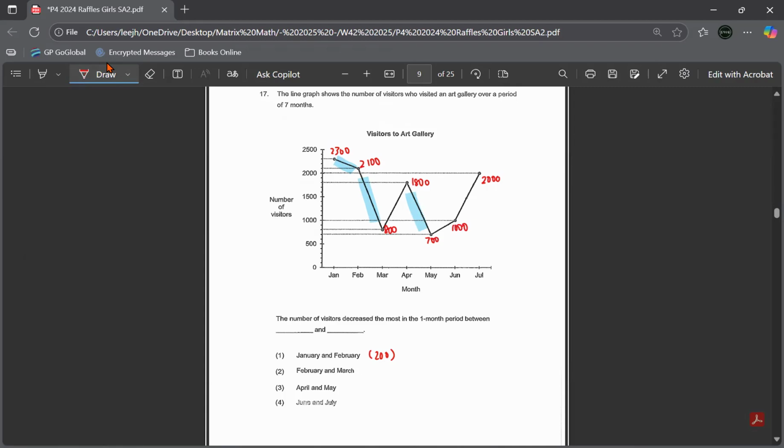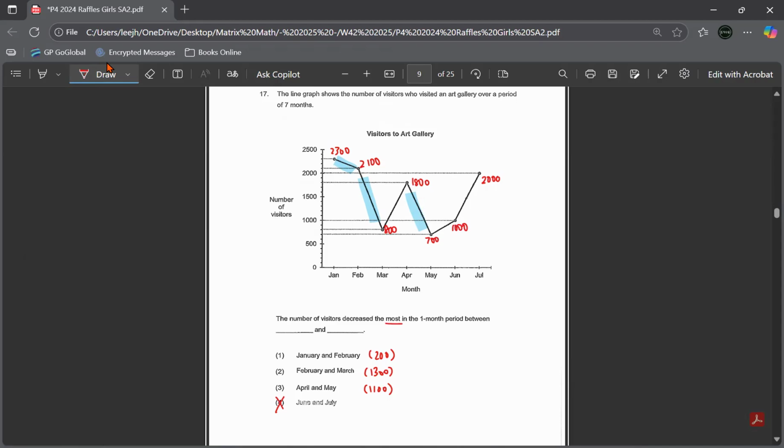So 2100 minus 800 is a 1300 decrease. April to May, 1800 minus 700 is a 1100 decrease. June and July, there is no decrease. It's actually an increase. So definitely number 4 is out. If you look at all these three, which one has the most decrease?